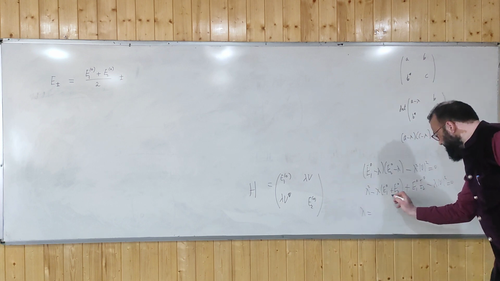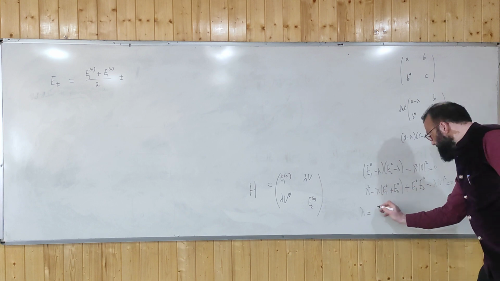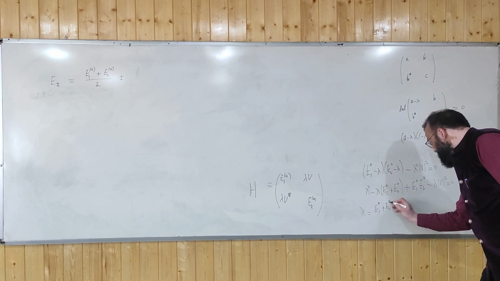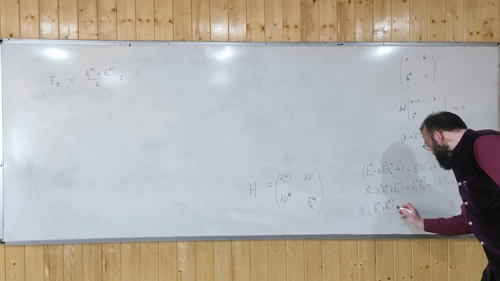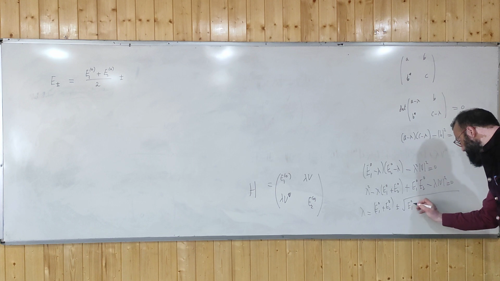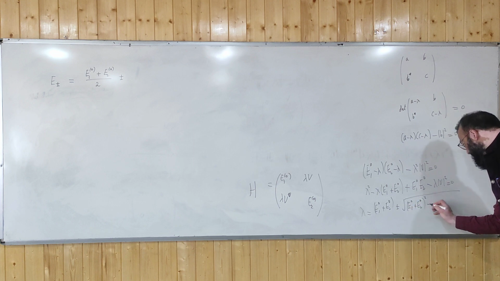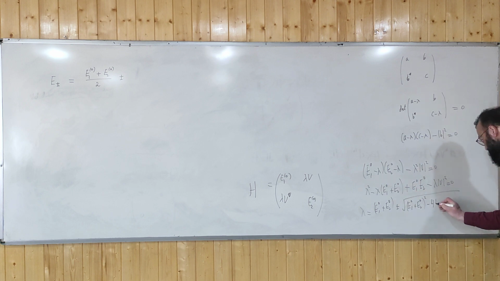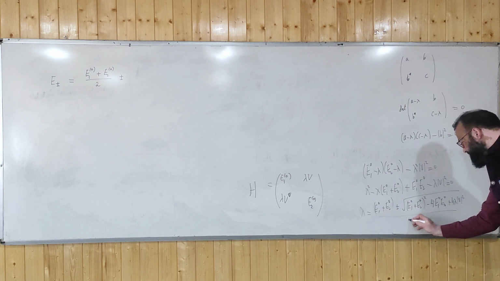So let's write lambda. That is equal to minus B, so E1 0 plus E2 0, plus minus root of B squared, so E1 0 plus E2 0 squared, minus 4AC. A is 1, C is this objective, so that is E1 0 E2 0 plus 4 lambda mod of V squared, divided by 2A.